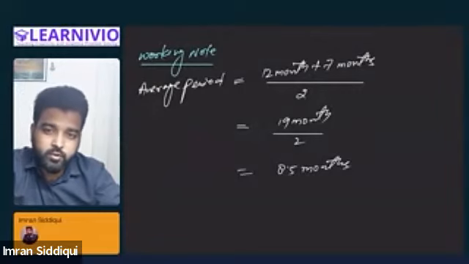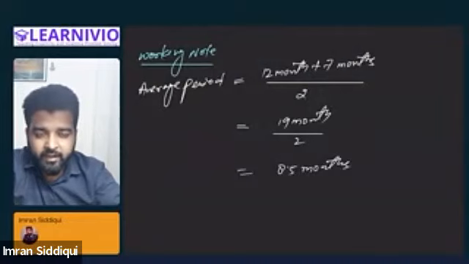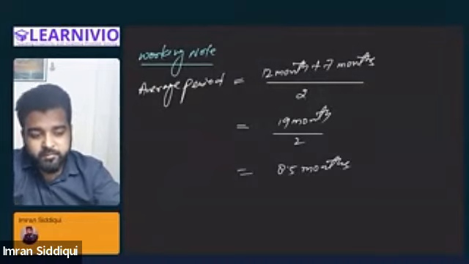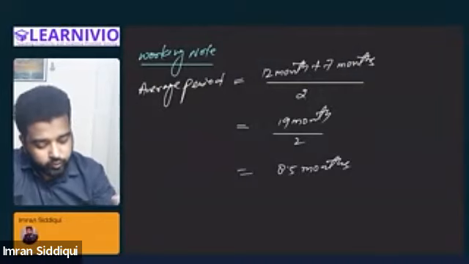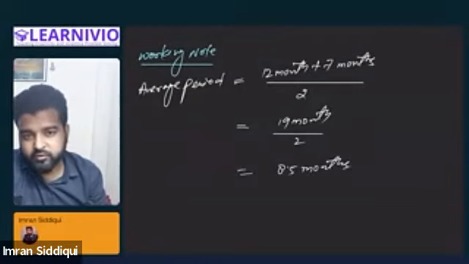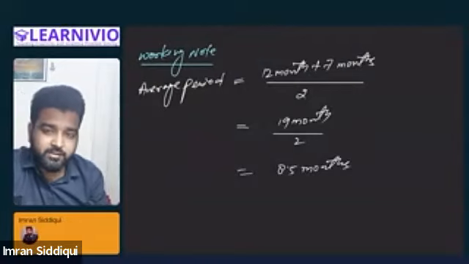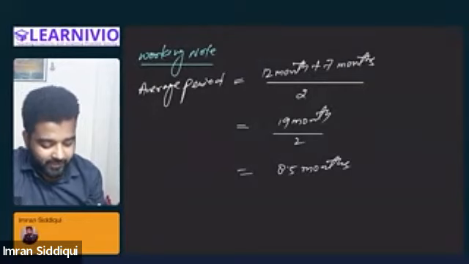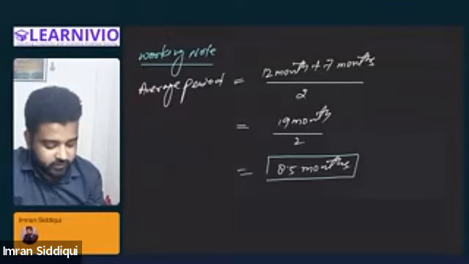So the last drawing was also made on the 1st of September. That means the entire September is still there. Apart from September, there are 6 more months left in the year. So total 12 plus 7 months. Months left after first drawing is 12 months. Months left after the last drawing is 7 months. Dividing it by 2, we'll get 19 months divided by 2. So eventually the average period will be 8.5 months.